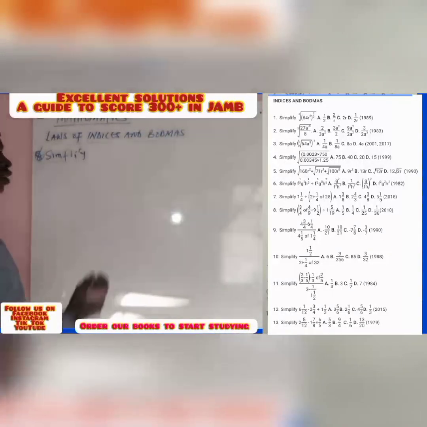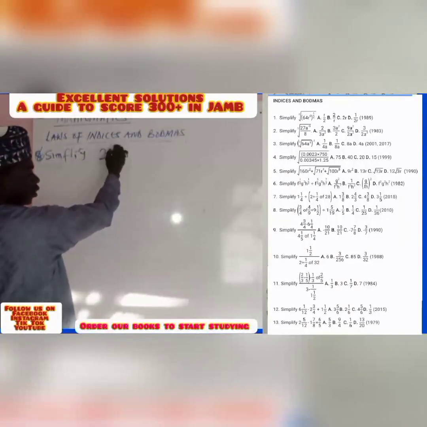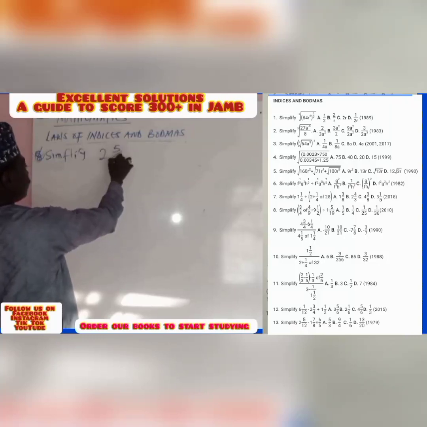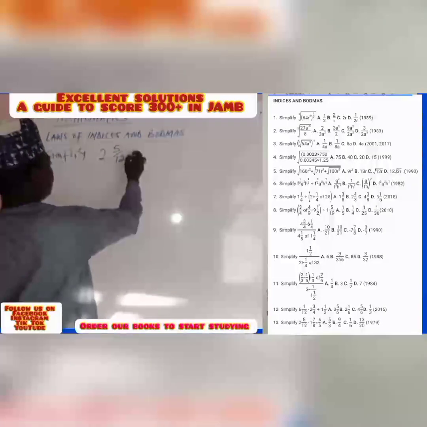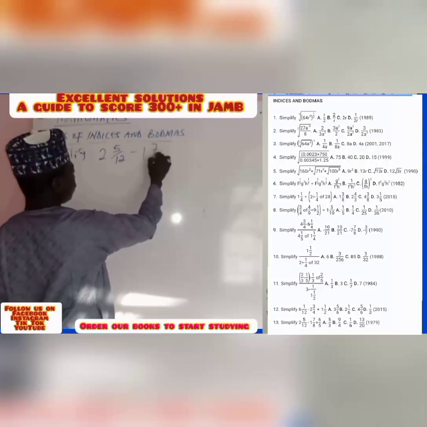Our next question is question 13. 13 says simplify 2 whole number 5 over 12, then minus 1 whole number 7 over 8 times 6 over 5.